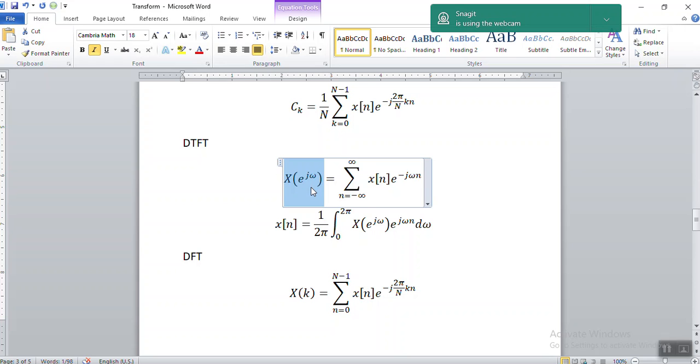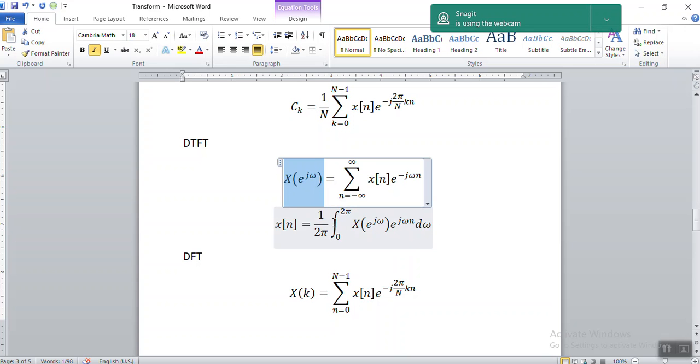So, the range of frequency is 0 to 2 pi or minus pi to pi. Range is finite, but within that finite range, within a circle, this X of e to the power j omega is continuous, not in time, continuous in frequency.